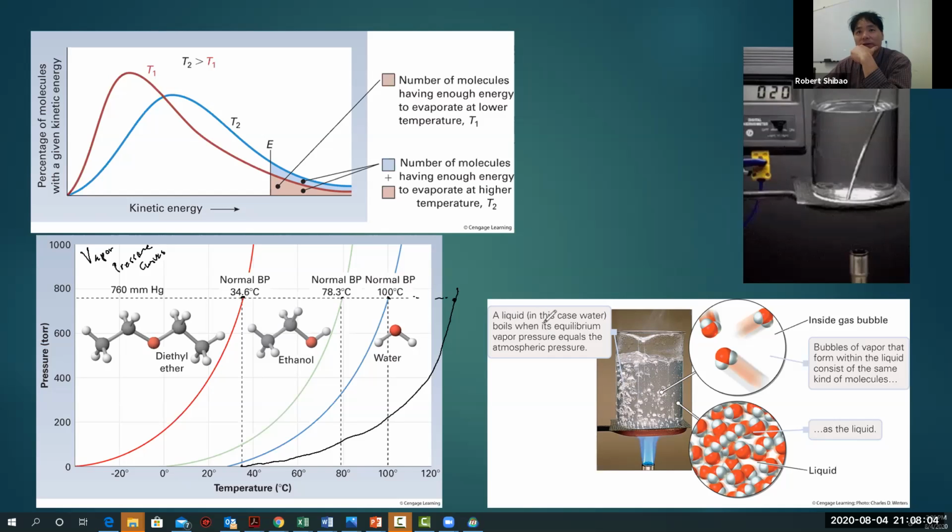A liquid, in this case water, boils when its equilibrium vapor pressure equals atmospheric pressure. So the vapor pressure pushing up is equal to the pressure pushing down of the air. Inside a gas bubble, bubbles of vapor that form within the liquid consist of the same kind of molecules. So we just have a gas bubble there. We have the liquid phase here.